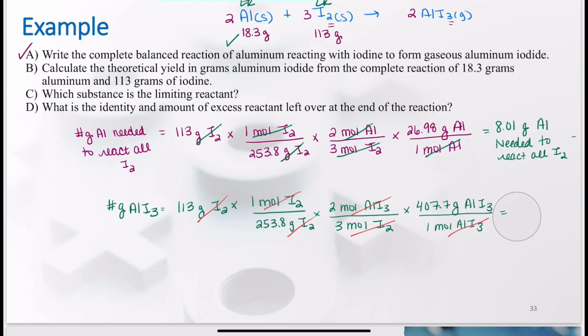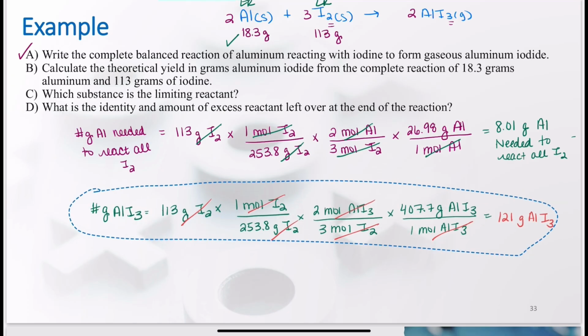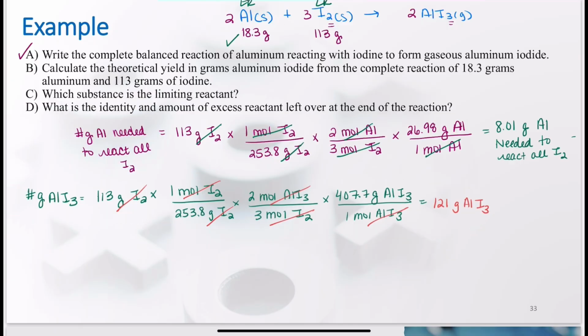And when I complete this calculation, I get 121 grams AlI3. Again, that is what we call your theoretical yield. That means if the reaction is perfect, I could theoretically produce this much. And it is based on your limiting reactant.